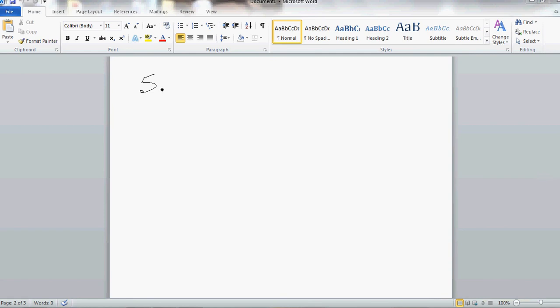Example number 5. The sine of 7 theta minus the sine of 3 theta. Well, we look for the sine of one angle minus the sine of the other. That is the second one in that list.